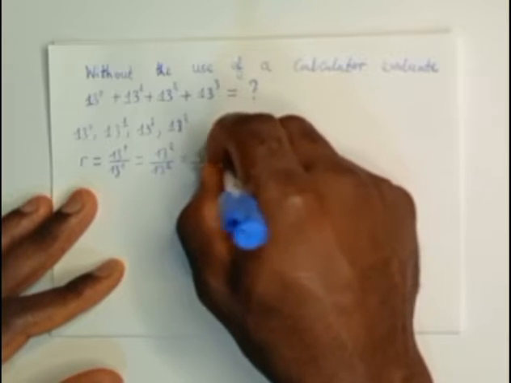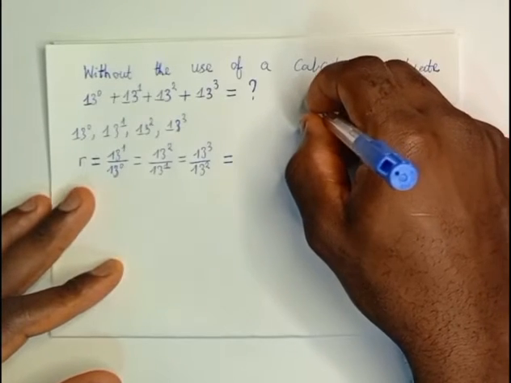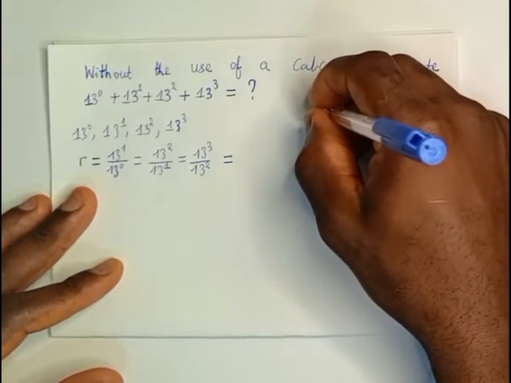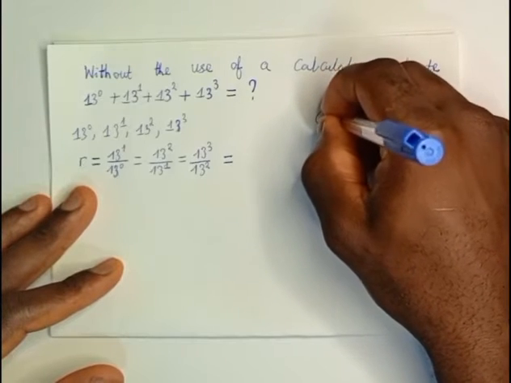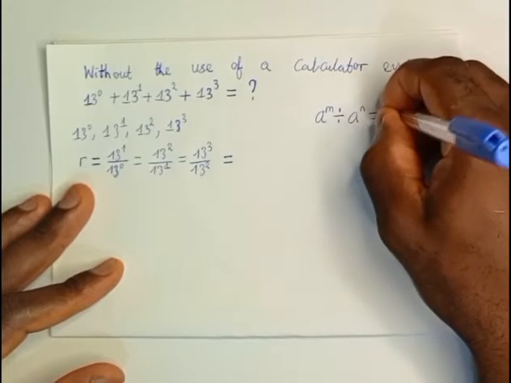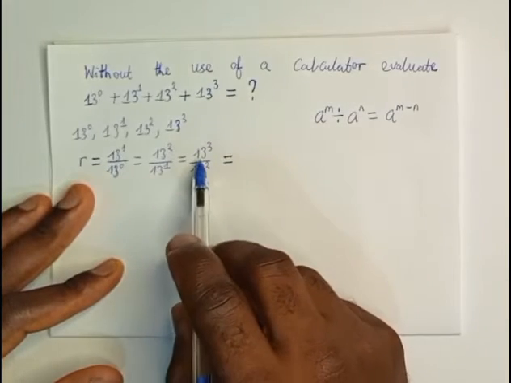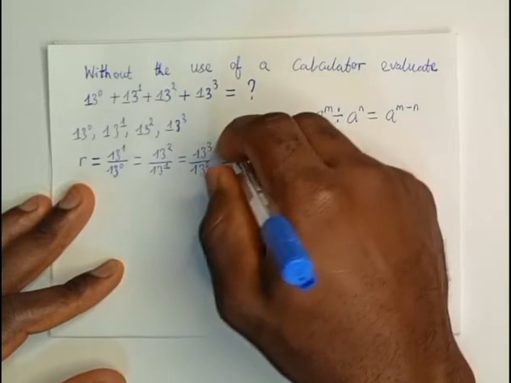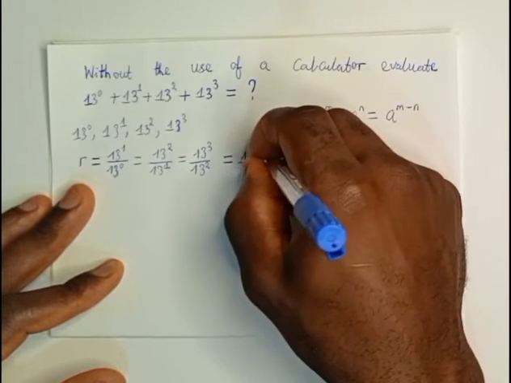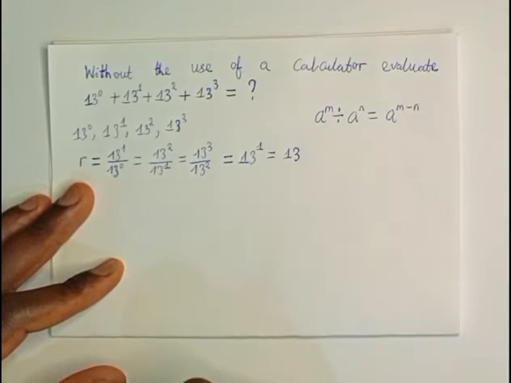And this will simply be equal to, by applying this rule of simplifying numbers in index form having the same base, e to the power m divided by e to the power n is simply equal to e to the power m minus n. So applying this rule here gives us 13 to the power 1, and 13 to the power 1 is simply equal to 13.